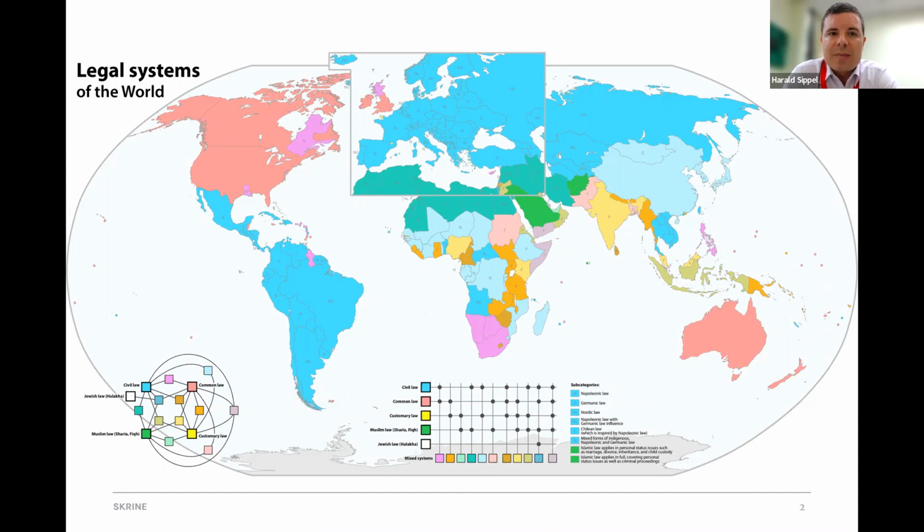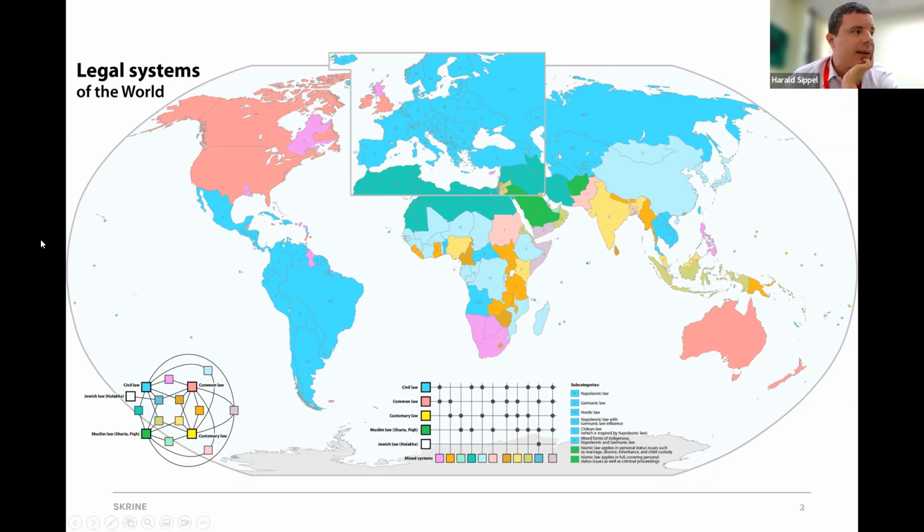What is orange or pink or even purple, it depends on how you see those colors, that is the common law world. And then you see in Northern Africa, in Saudi Arabia, and also all the way to Afghanistan, Iran, you see green part. This is Islamic law.